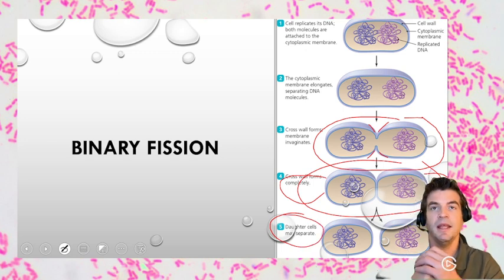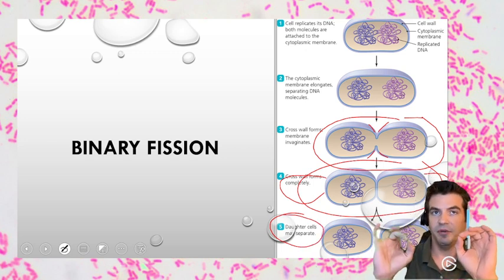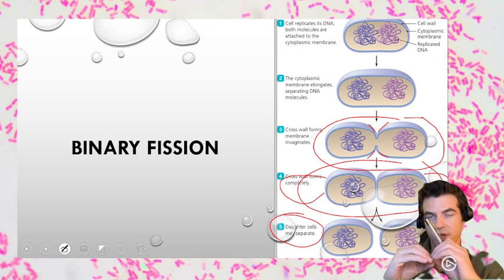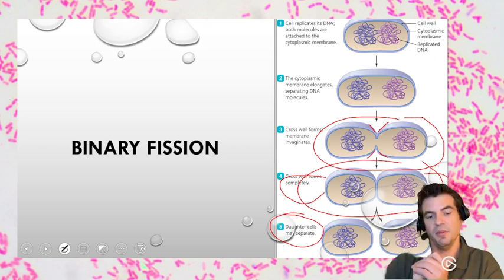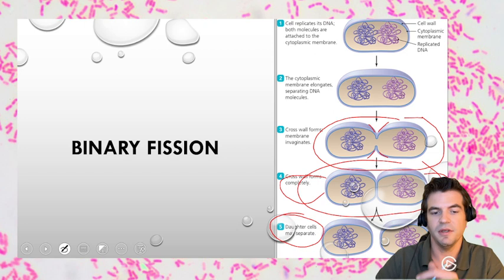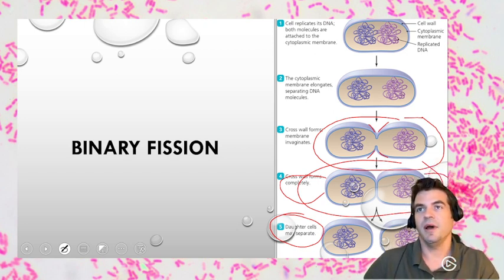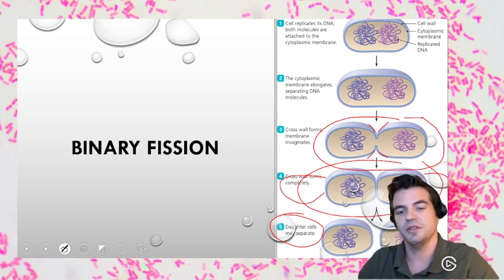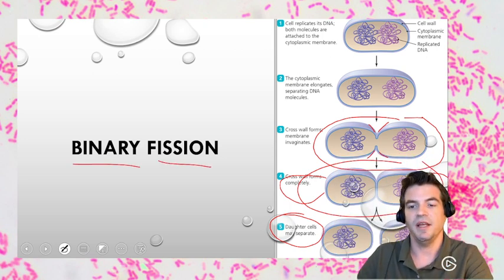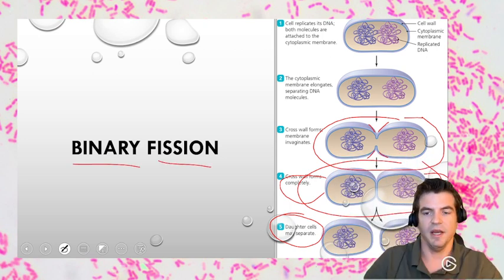Okay, and they can separate if they're individual bacteria, or they may stay in their chain, or they may even cluster by changing their plane of orientation of where they're dividing. Okay, so binary fission. Binary meaning into two parts, and fission meaning cut in half.